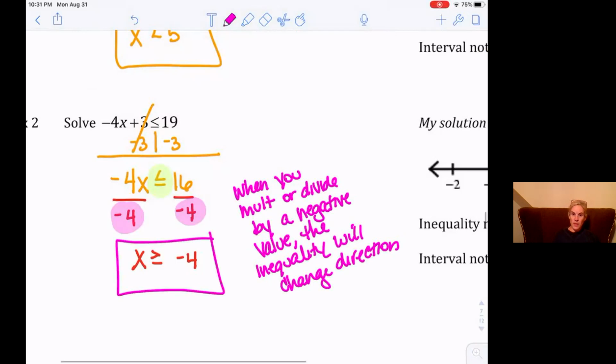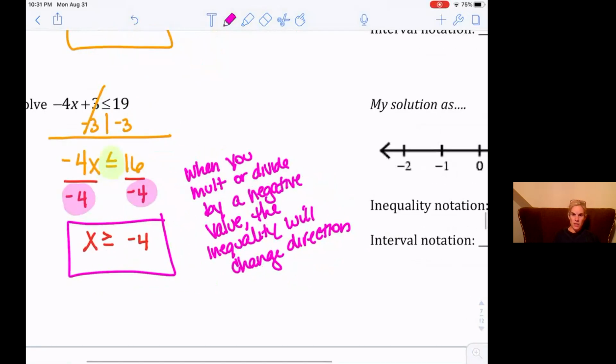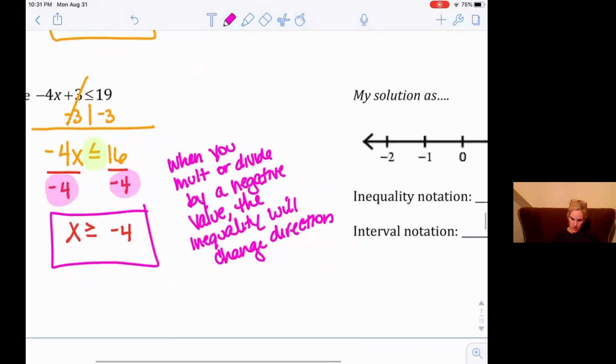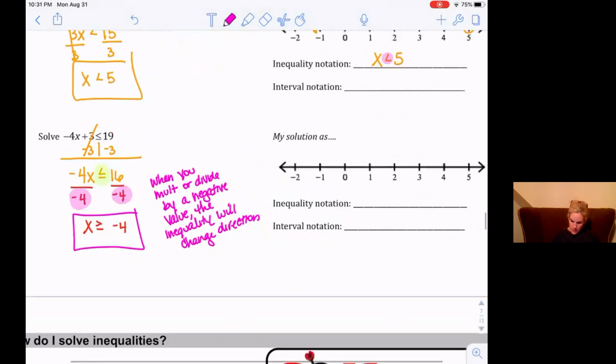So this would be the inequality notation answer. So I would put over here, x is greater than or equal to negative 4.